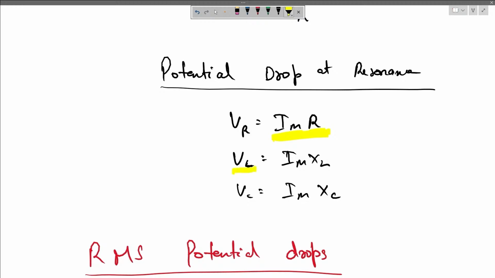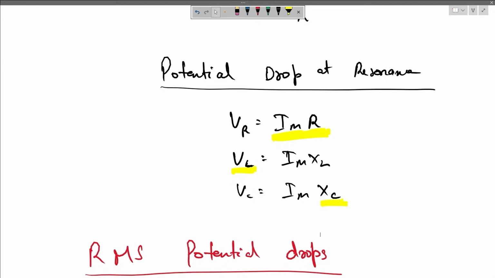Similarly, VL, the potential drop across the inductor, equals Im multiplied by XL, where XL is the inductive reactance. Similarly, the potential drop across the capacitor is Im multiplied by XC, where XC is the capacitive reactance.